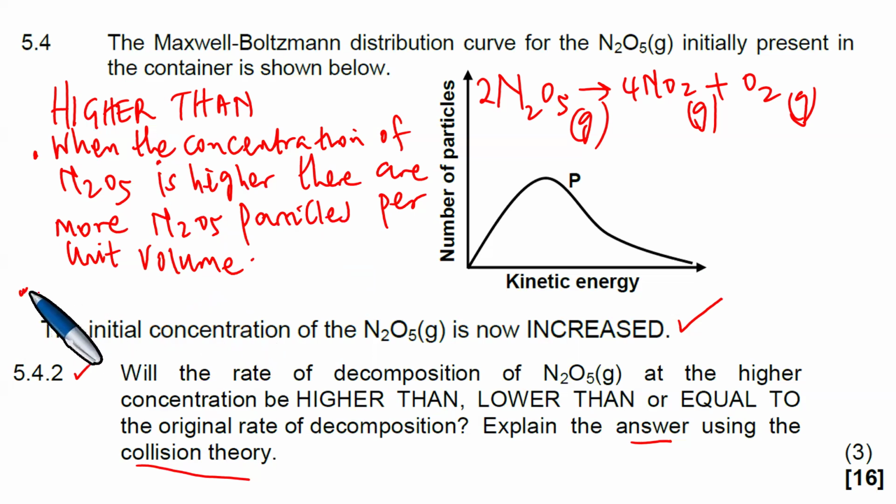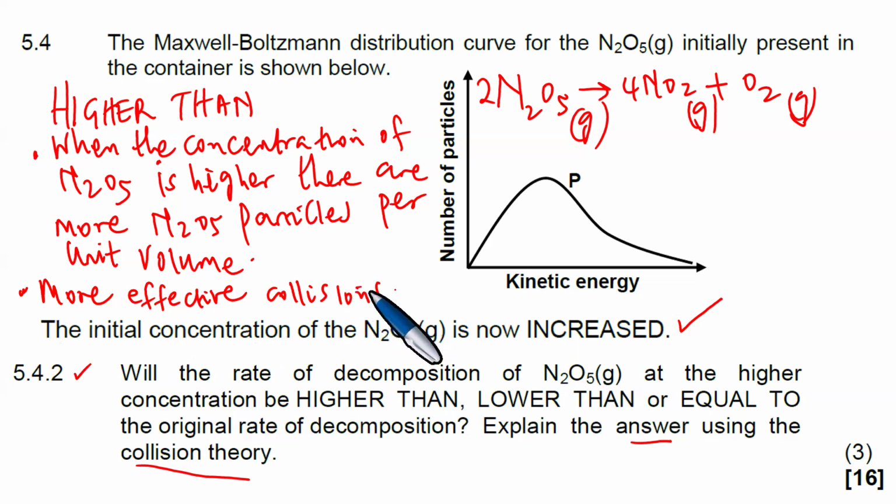Next, it's higher than because we have more effective collisions per unit time, or per second. More effective collisions per unit time or per second.